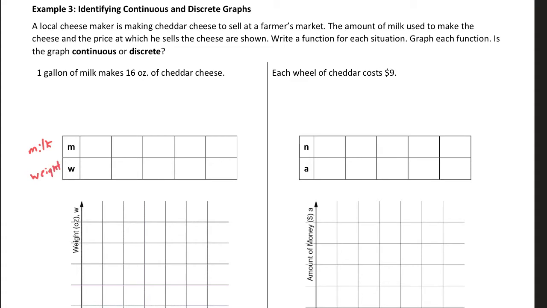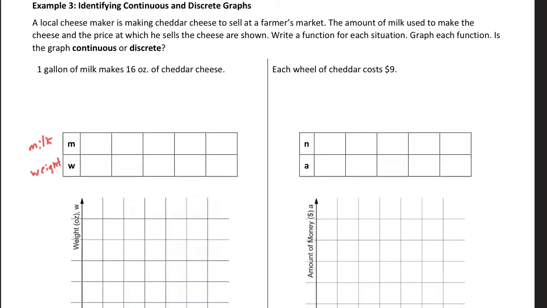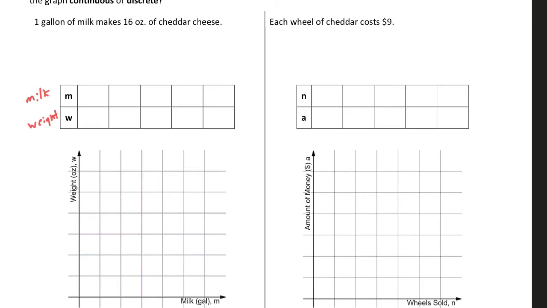Okay? So I'm going to pick reasonable values for my inputs, reasonable values for gallons of milk used. So I could use 0 gallons of milk, and I'm just going to go up by ones. I'm just going to use 1, 2, 3, and 4 gallons.